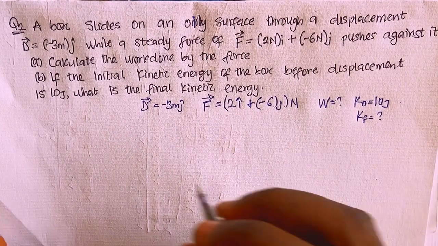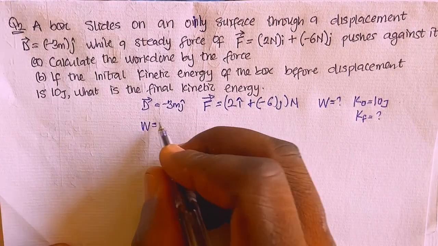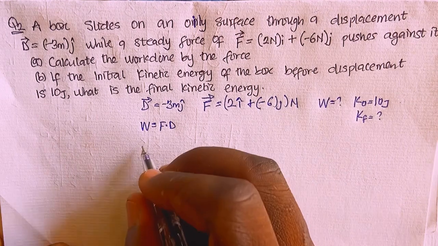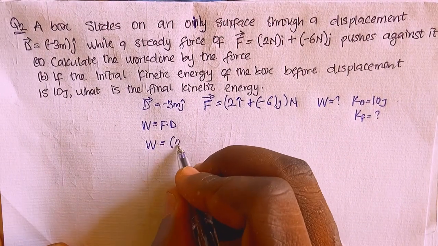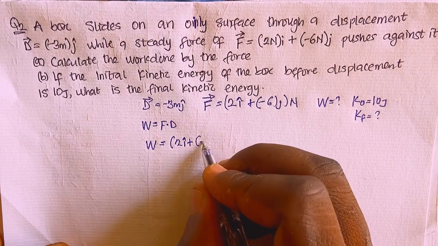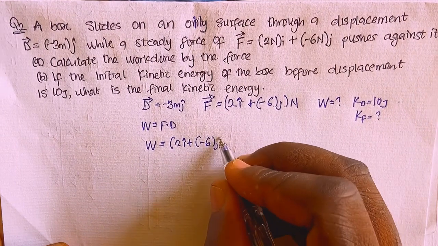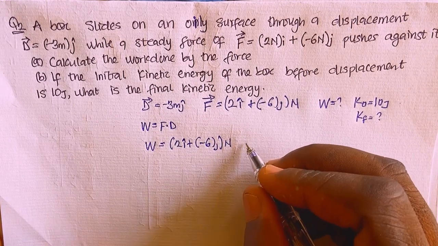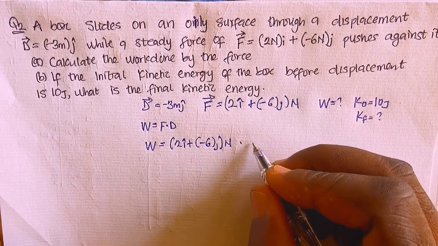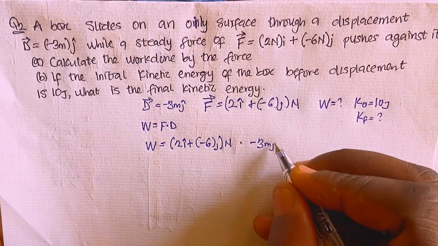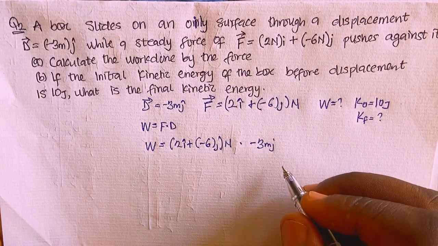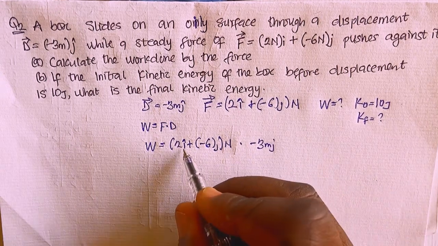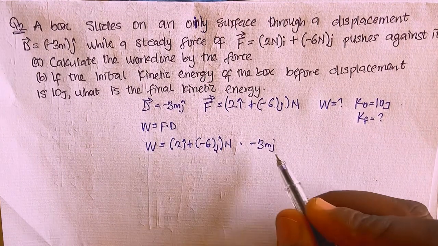So let's go ahead and calculate the question. So here we are going to have our work done equal F times d, which is force times distance. So our work done equals force, which is 2I plus, into brackets, minus 6J Newton, then multiply by our distance, which is minus 3 meter J. So in this case, we have two components, which are I and J, but we have only J here.